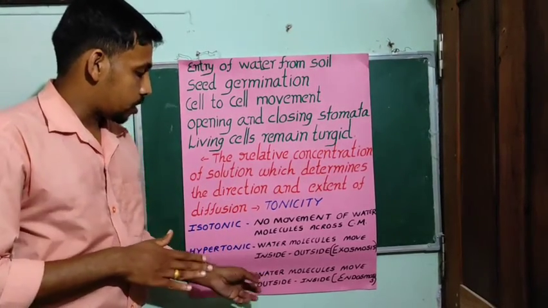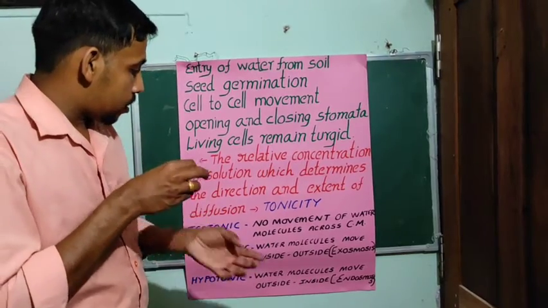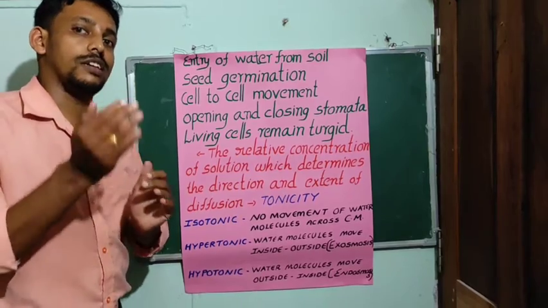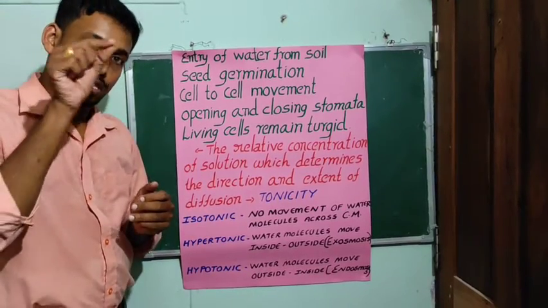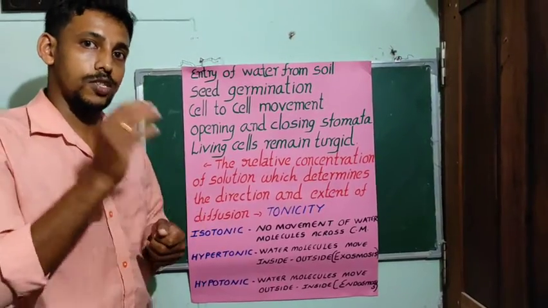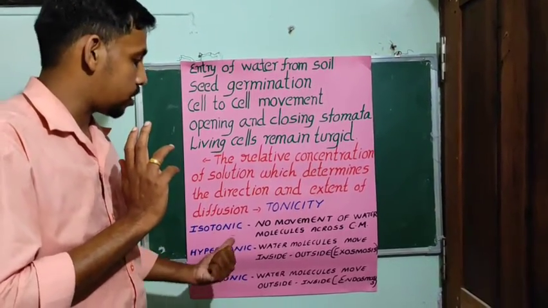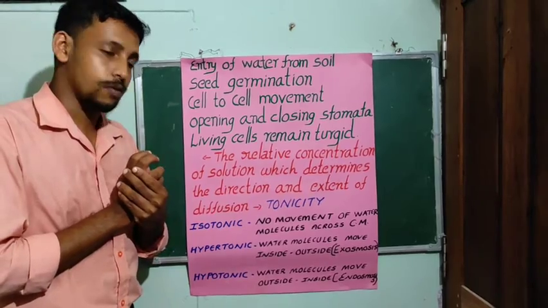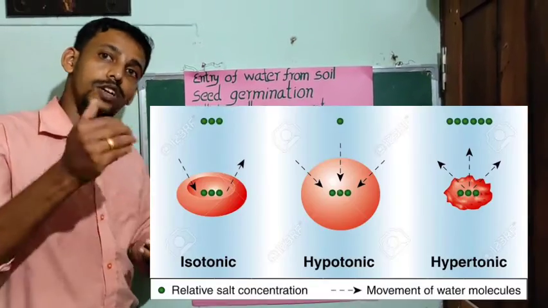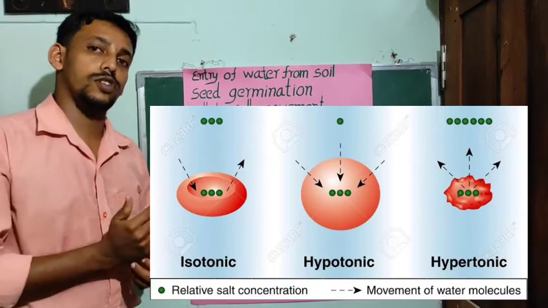Then in the case of a hypotonic solution, it is just the opposite. Water molecules move from outside to inside, that is, from the solution into the cell. That is known as a hypotonic solution. There is endosmosis, the inward diffusion of water.